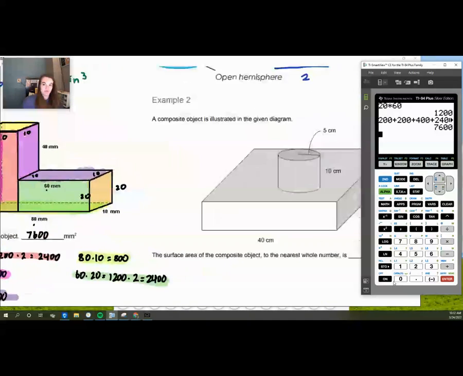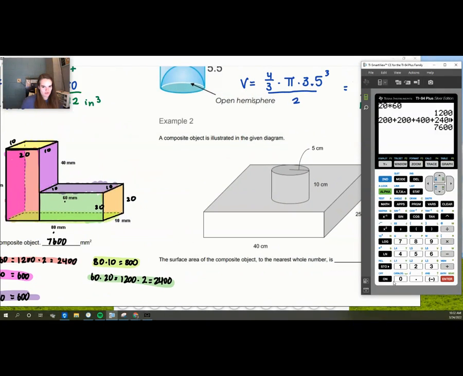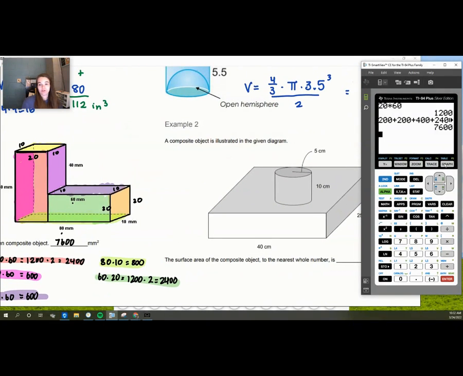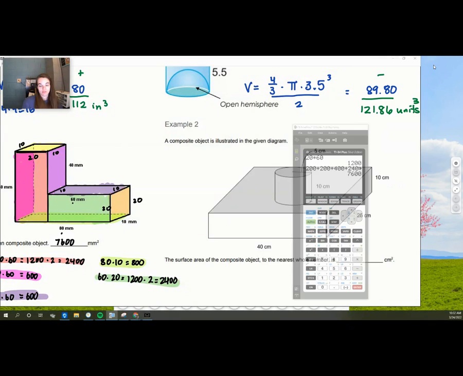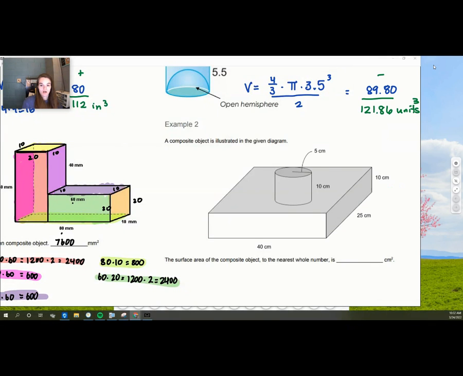All right, example 2. This one is just a little bit different, and you're going to see how. So surface area is literally what is sticking outside, okay? I have the box, all right? My problem is going to be when I get to this piece. I have one of these on top, but my problem is I have to remove it from the bottom.